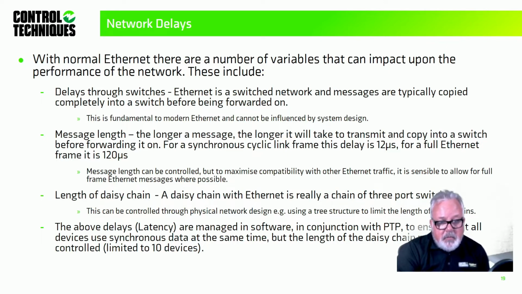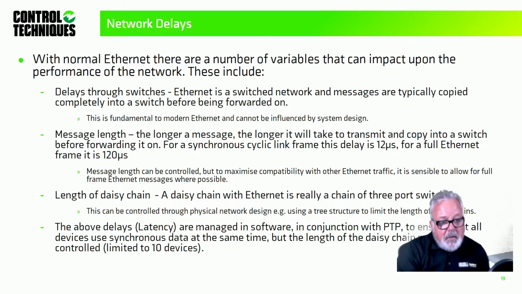So a switch itself, whether it's an external switch or the built-in switch on our drives, could be causing network delays. The longer the message, the longer it will take to transmit and copy to a switch before forwarding. So message length can cause network delays.